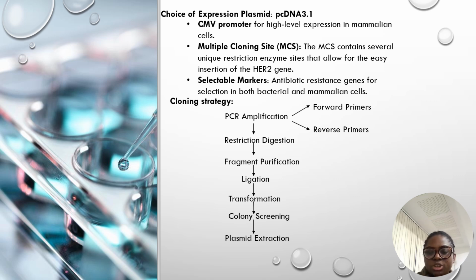Examples of antibiotic selection markers in this plasmid are ampicillin and neomycin. The cloning strategy employed involved the PCR amplification of the HER2 gene, restriction digestion, fragment purification, ligation into the pcDNA 3.1, as well as bacterial transformation. Also, the plasmids were extracted at the end.